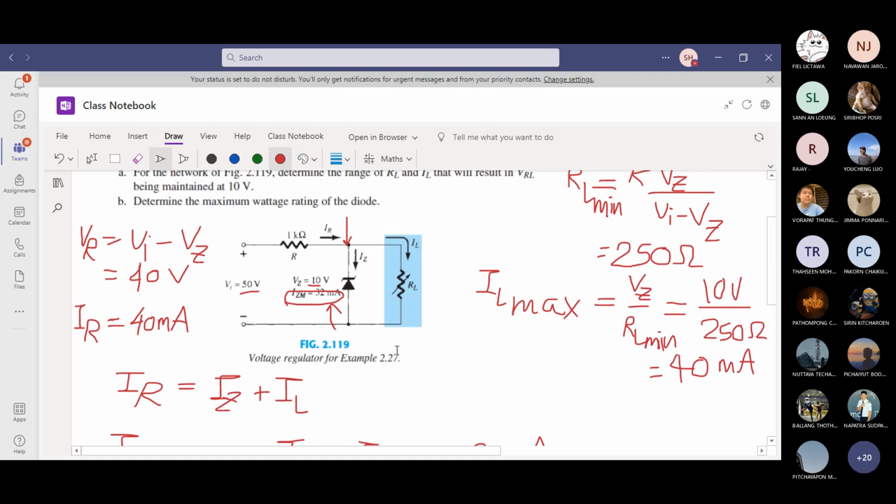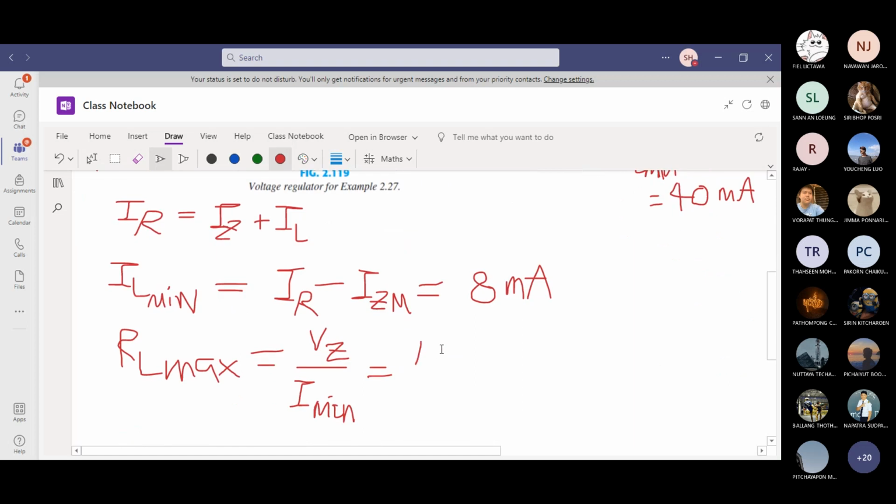VZ rating 10 volts, 10 volt divided by 8 milliampere. What is the final value? 1.25 kilo ohm.